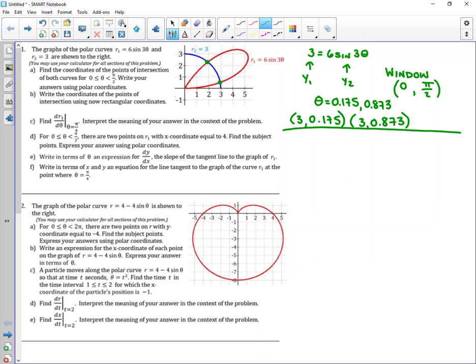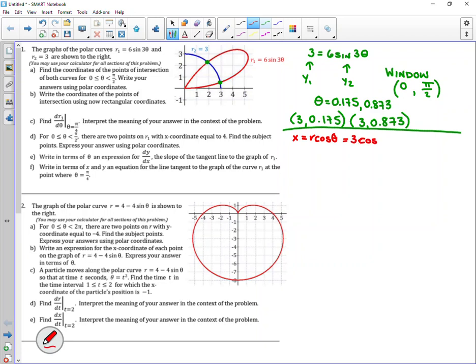Part A is done. Now it says write the coordinates of the points of intersection using rectangular coordinates. So I have the polar ones. Now all I have to do is convert them to rectangular. So x equals r cosine theta. Are we supposed to save those values as variables?